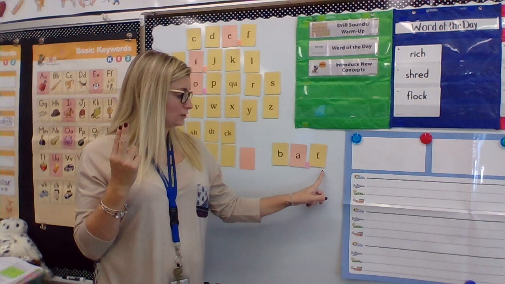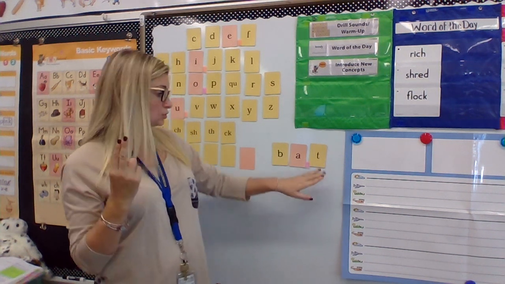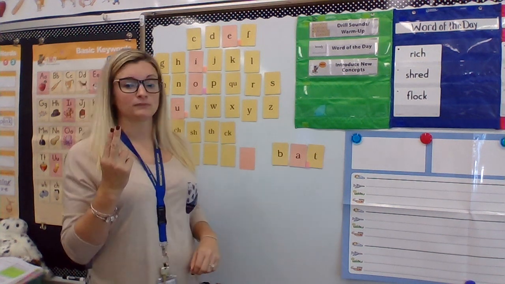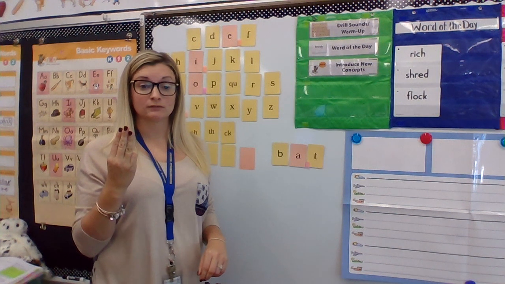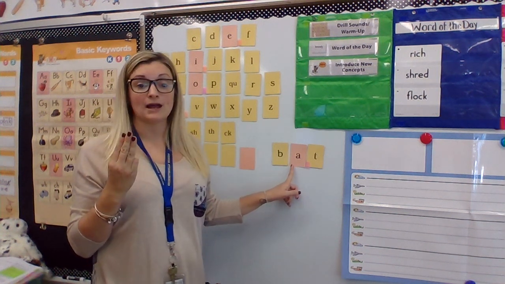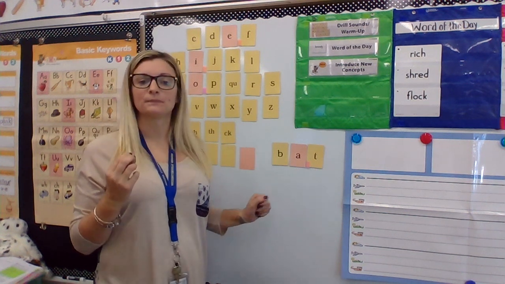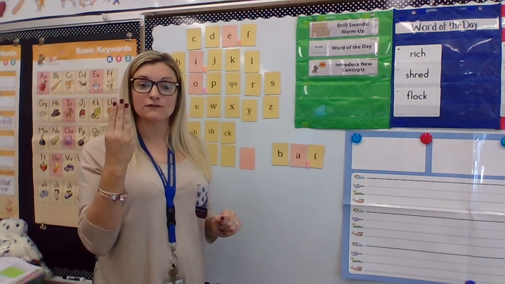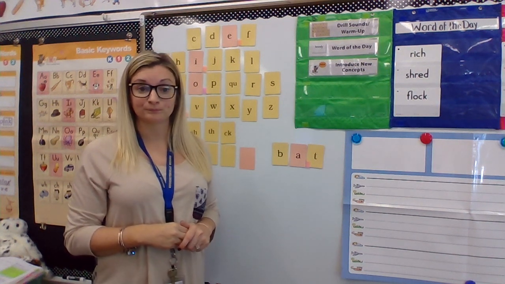Yep, there's a T after it, so it's closed in. And then the third rule, the vowel has to be short. So the A would have to say ah. Yep, it's a short vowel. So if it follows all 3 of those, that means it's a closed syllable.